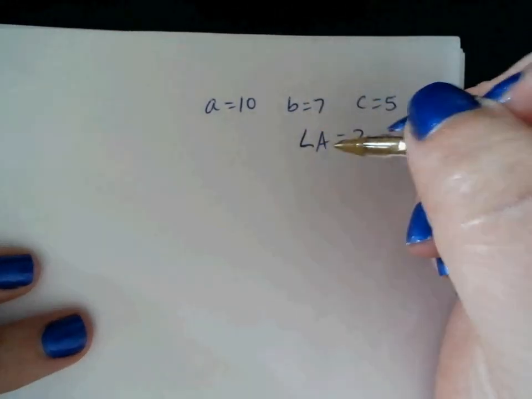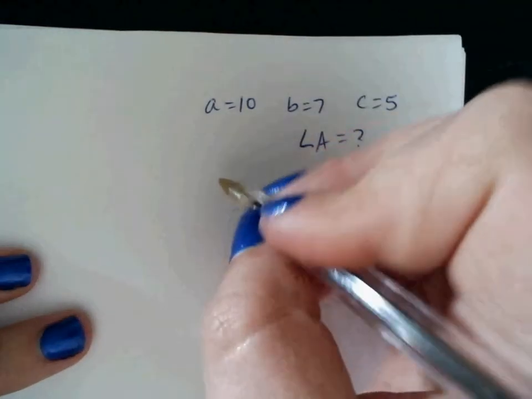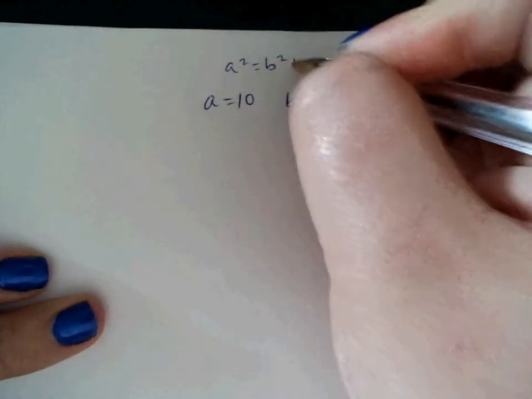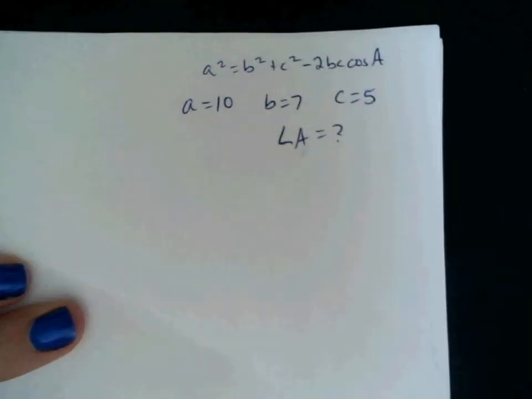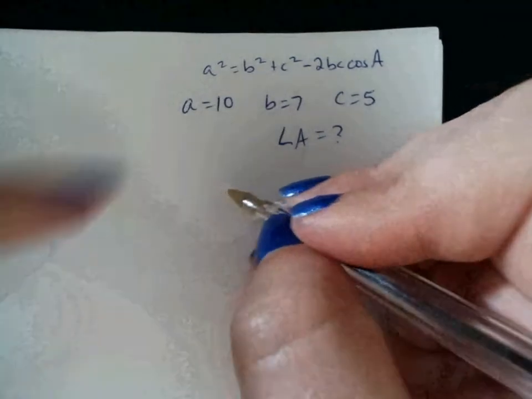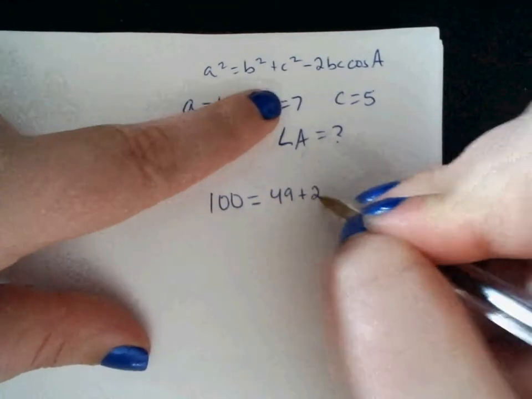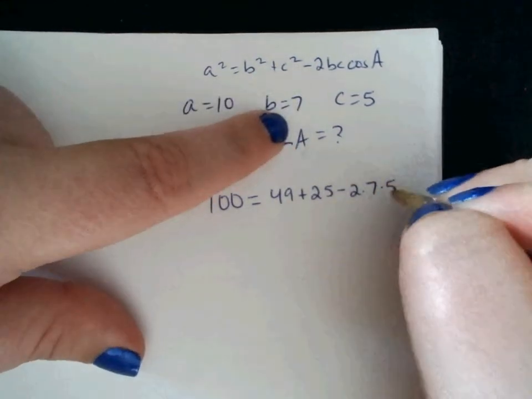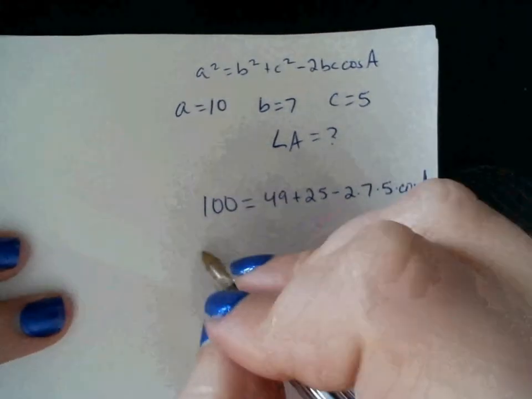Okay, so if I'm trying to find angle A, given these 3 side lengths, what I want to do is set up the law of cosines with A being on either side. So A squared equals B squared plus C squared minus 2BC times the cosine of angle A. I didn't forget the C this time.